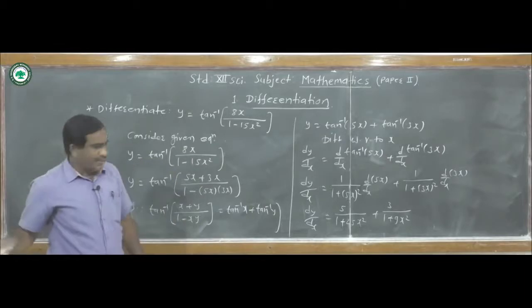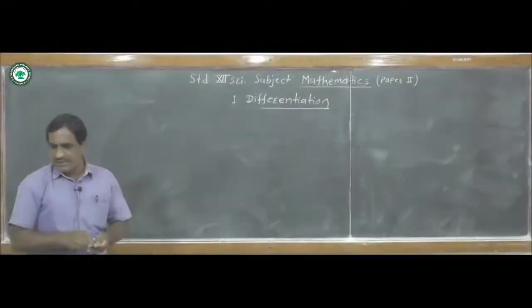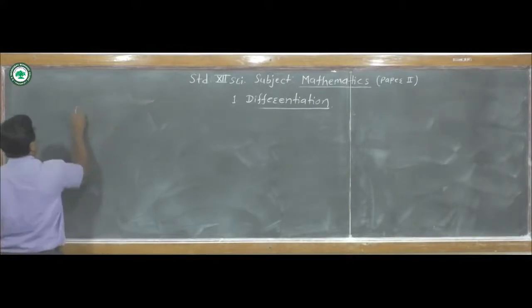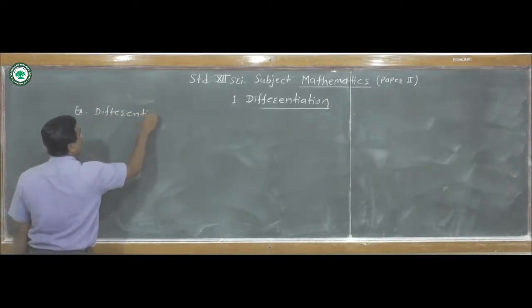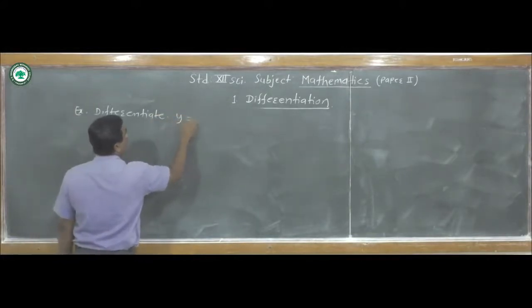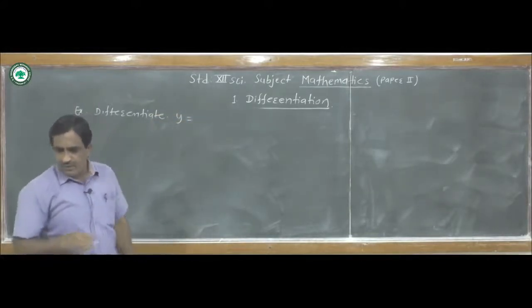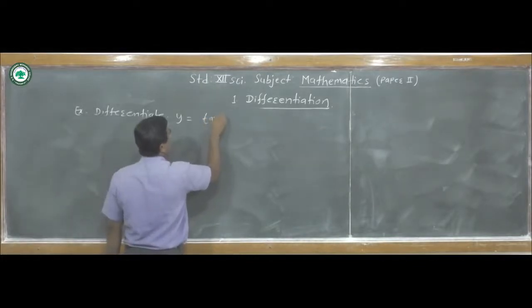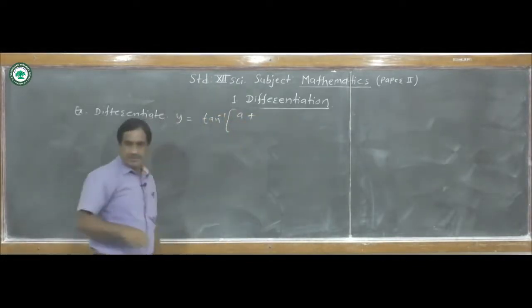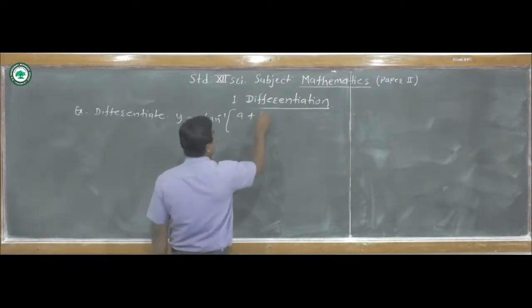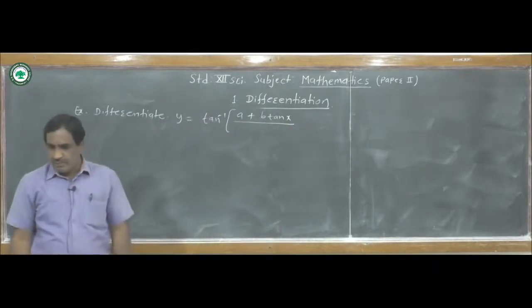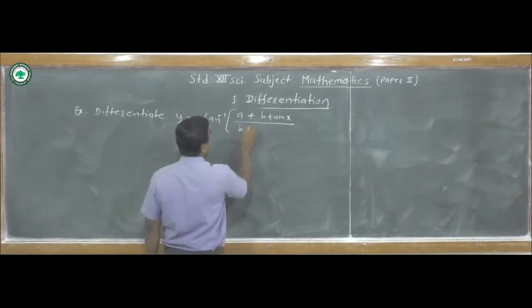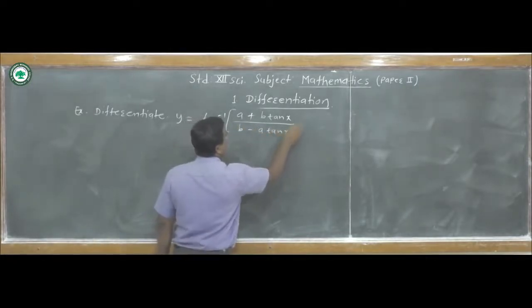Now we see the next example again here. Differentiate, example. y is equal to tan inverse of, in bracket, a plus b into tan x upon b minus a into tan x.